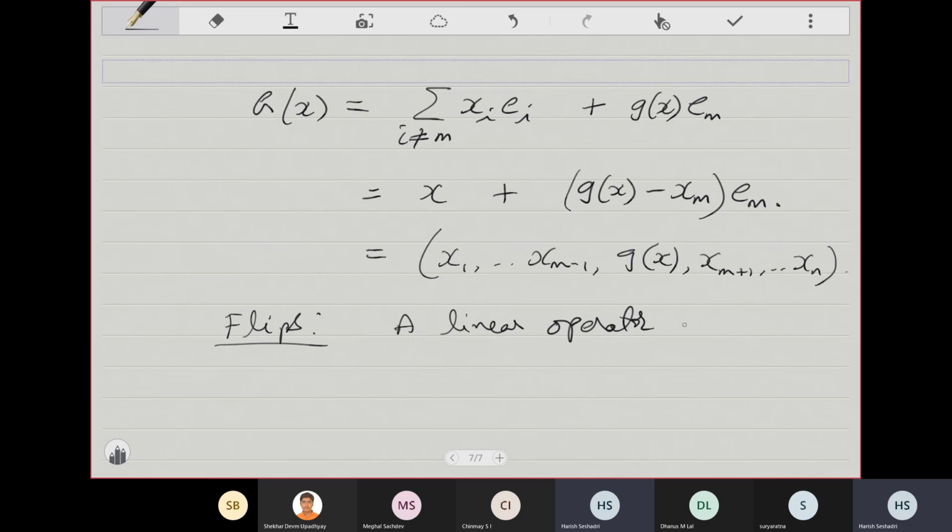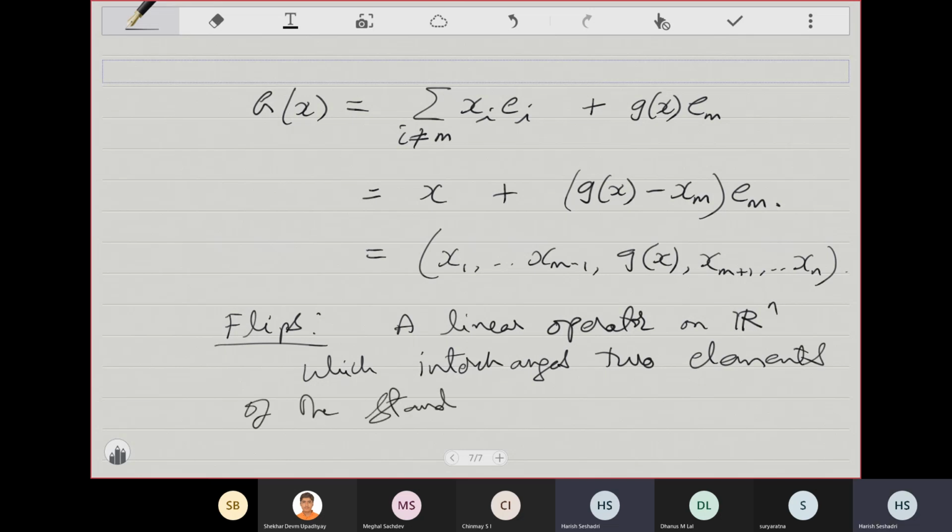A flip is a linear operator on Rn which interchanges two elements of the standard basis and fixes the other elements.